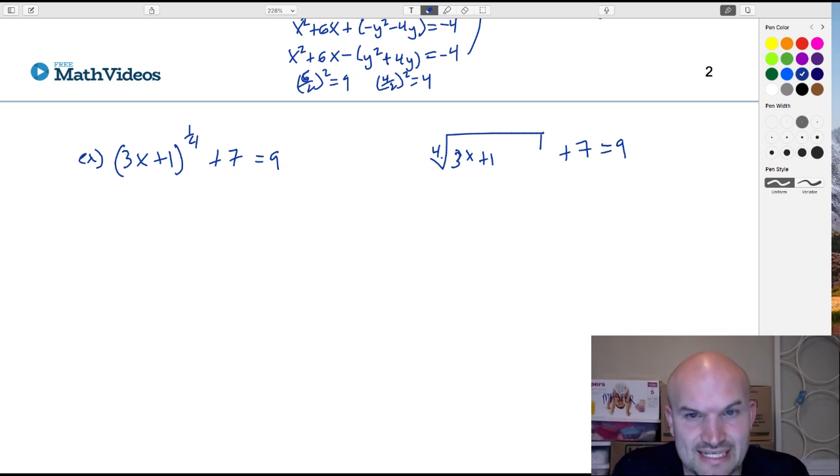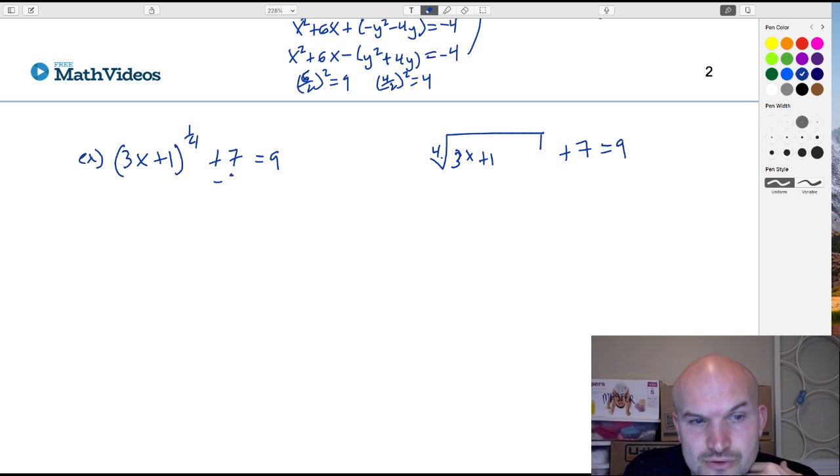But the same idea applies whether you're dealing with the square root or the fourth root: we want to isolate the root. To undo the fourth root, we need to raise it to the fourth power, just like a square root. We can do that with rational powers or with radicals. But before we can do that, we have to isolate this quantity.